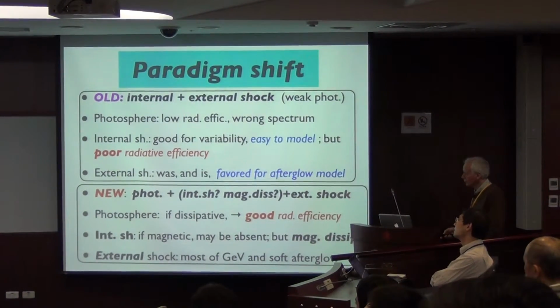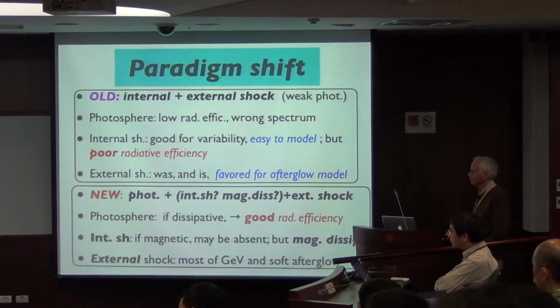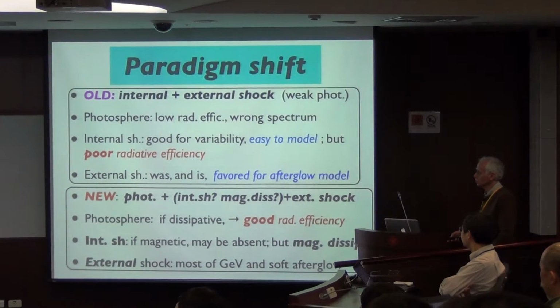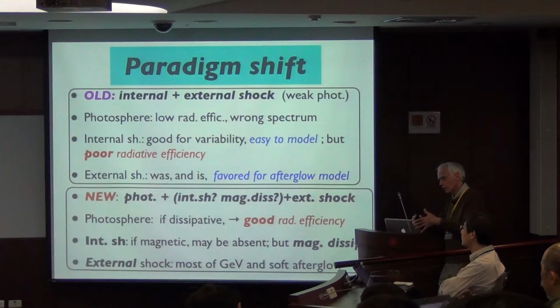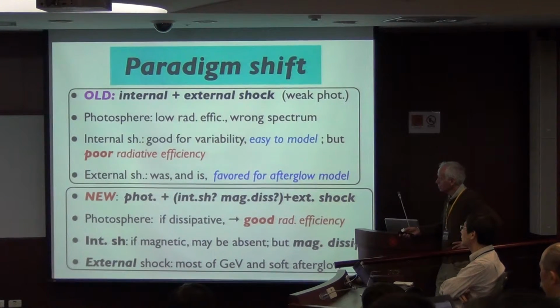And so the new paradigm is that you have the photosphere, and that the photosphere is actually strong, especially if it's a dissipative photosphere. It's a photosphere where you have either shocks occurring in the photosphere or you have magnetic dissipation. Previously it was thought that the photosphere was weak because there was no dissipation in it. But if there is dissipation, then you get good radiative efficiency.